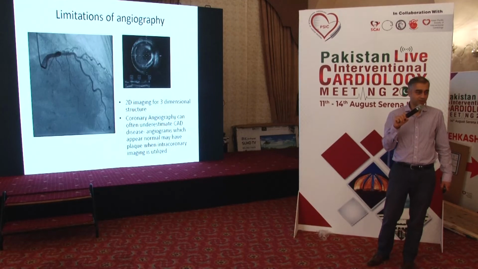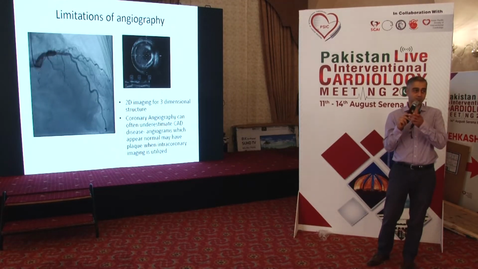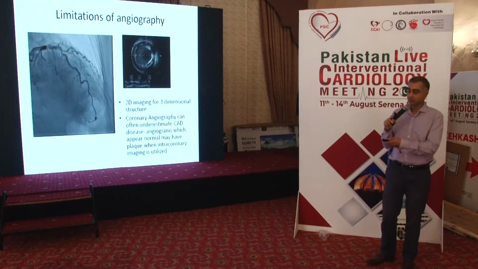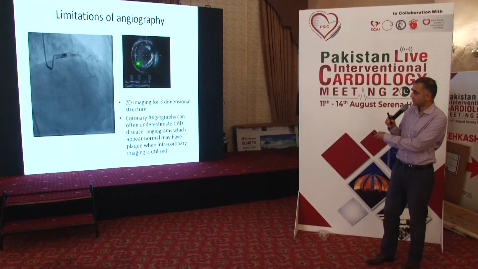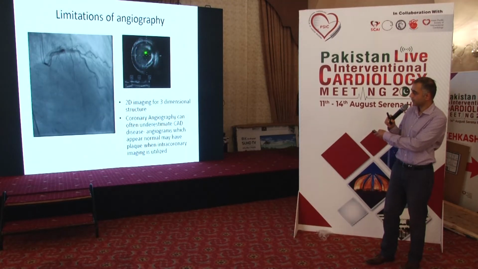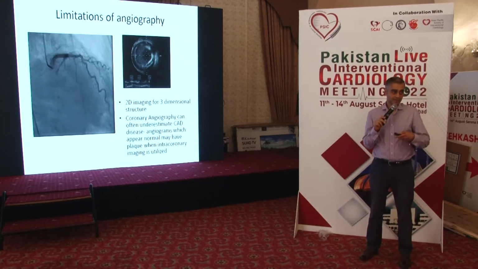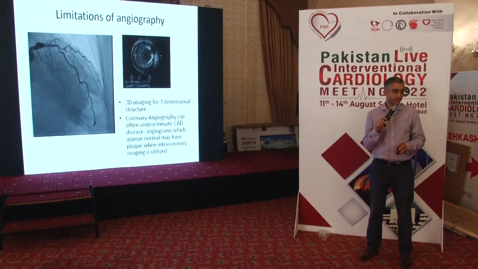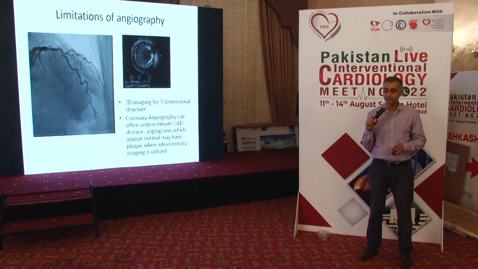Now it's only when you put your IVUS catheter down that you can appreciate actually the vessel's not normal. What you've got is extensive plaque. So this is what we're seeing here, extensive plaque within the coronary vessel. Okay. So we know that IVUS can be useful, and it has a higher resolution than angiography, and this is why we use it.